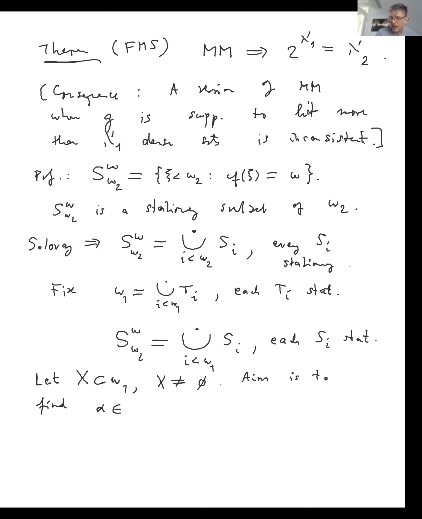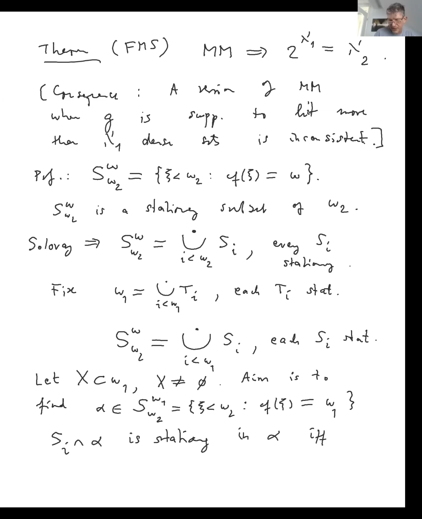We want to find some kind of reflection point, okay? So we want to find an alpha which is now in the omega-1 cofinal ordinals below omega-2, such that S_i intersect alpha is stationary in alpha if i is in X.